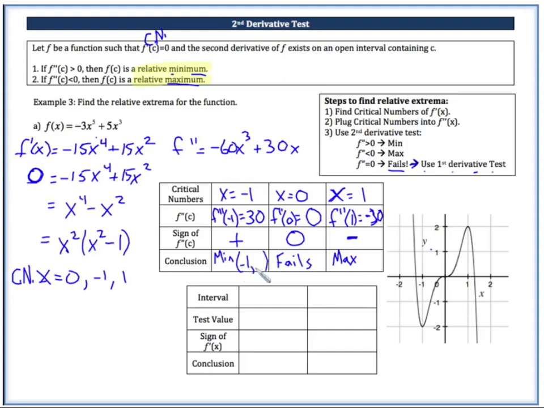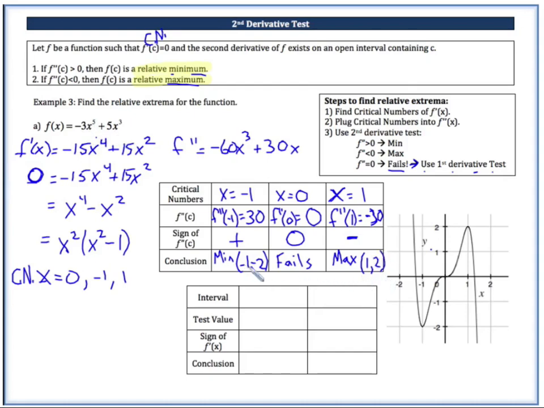Okay, so here we get a minimum at x equals negative 1. So we need to find the y value here. We can plug negative 1 back into this equation. So this becomes positive 3 minus 5, and we get negative 2. This one failed. We'll look at that in a second. And then we get a maximum at 1, comma. Well, we'll plug 1 into our function. So this is negative 3 plus 5, which is 2.